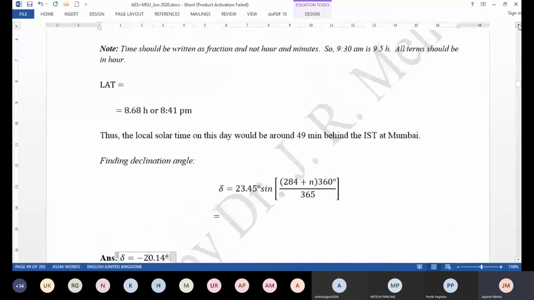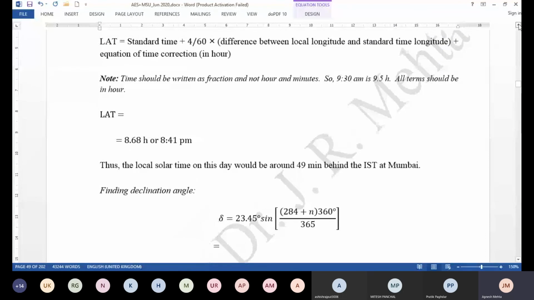I know all of you may not have been able to complete it currently. So what you will get, the final answer is 8.68 hours, right? It is in fraction, so 0.68 into 60 minutes would give you 41 minutes.